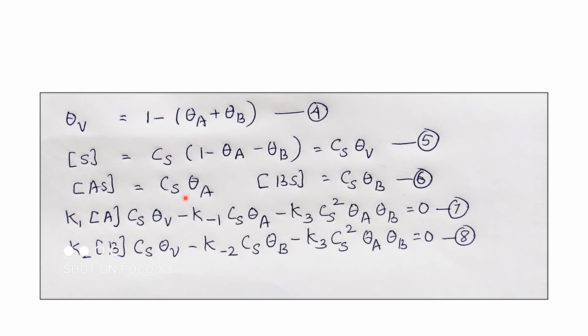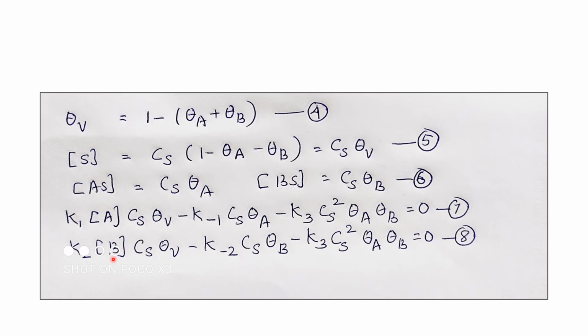Using these expressions, equations 2 and 3 become K1 into A into Cs into theta v minus K inverse 1 Cs into theta a minus K3 into Cs square theta a theta b equal to 0.